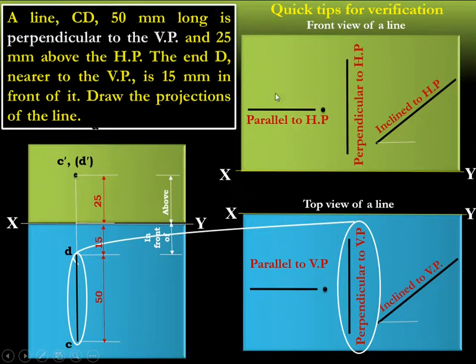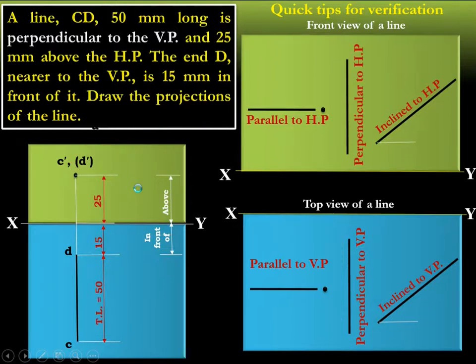The line is also parallel to the horizontal plane. Whenever a line is parallel to one plane and perpendicular to the other plane, the parallel view will become a point. In this case, the line is parallel to the horizontal plane, therefore its front view will become a point. We can also verify the other details.